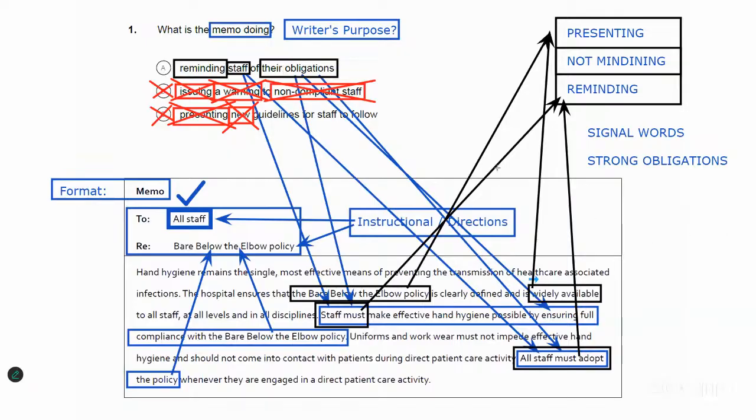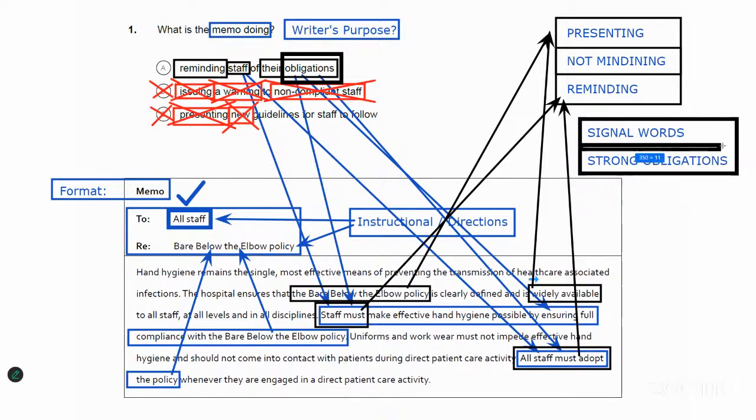Now, what are the signal words that tell us about obligations? Signal words which tell about strong obligation.